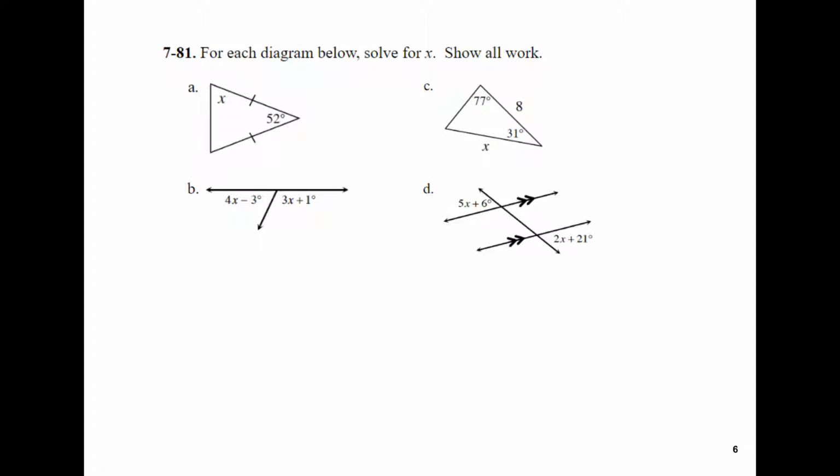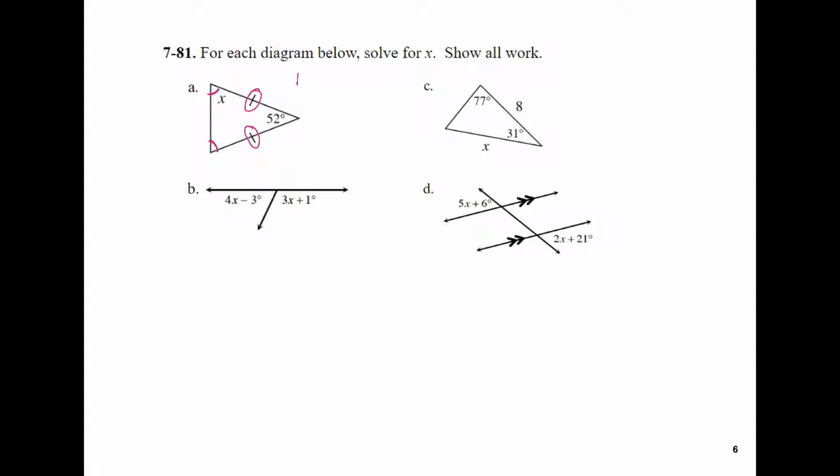In problem 7-81, for each diagram below, they ask us to solve for x and to show all of our work. So looking at letter A, I know that if these two sides of my triangle are congruent, that tells me I'm working with an isosceles triangle, which means the base angles of my triangle are also congruent.